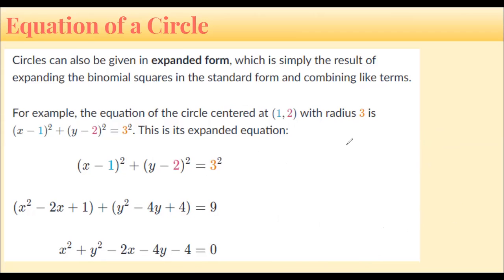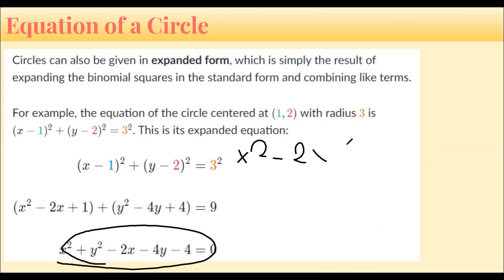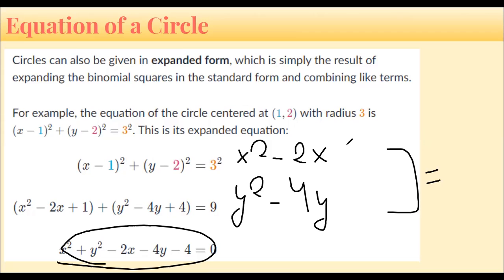You essentially just need to put it in 2 different forms. So if you have x squared minus 2x, and the other part says y squared minus 4y, I would recommend moving this -4 over, which is all equal to 4, okay?